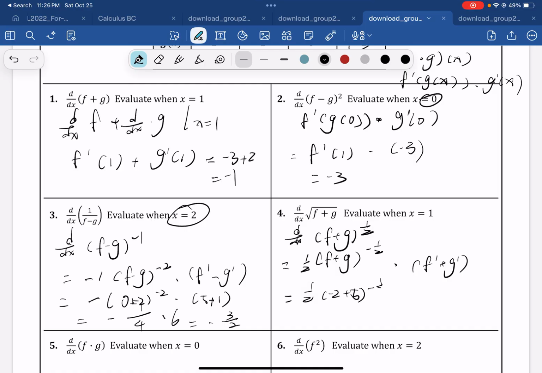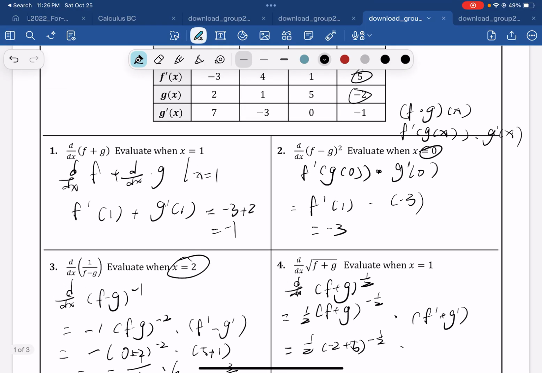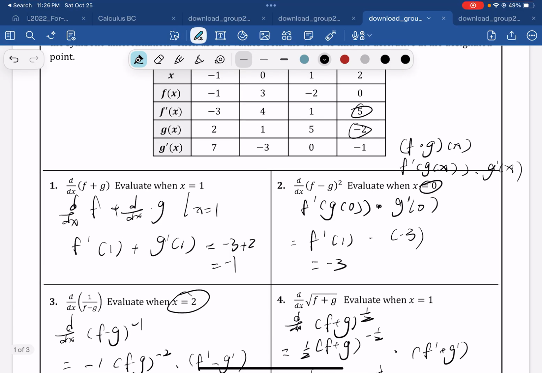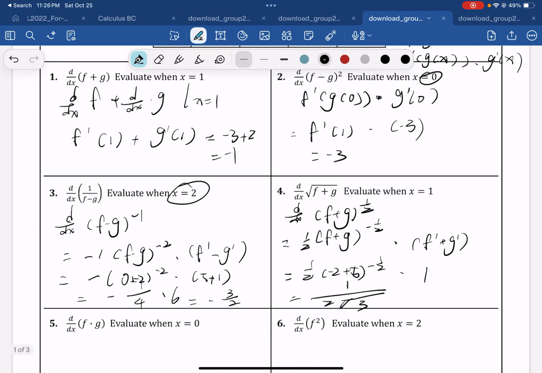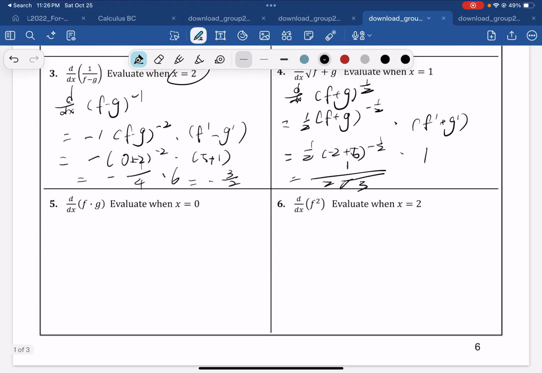So 2 to the negative a half and times f prime of 1 plus g prime of 1. F prime of 1 is 1, g prime of 1 is 0, so it's times 0. So it becomes 2 times root 3, because there's square root and negative 1/2, which is you get the square root of it, and you flip it to the denominator, and it's over 1. 1 over root 2 of 2 times root 3.